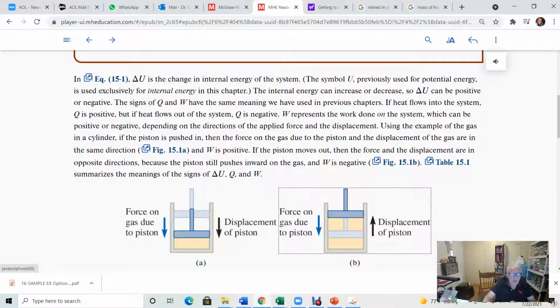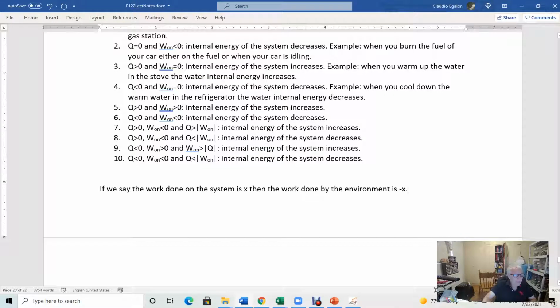In the opposite case, the work done on the system by the environment is positive because the environment is expanding, whereas the system is decreasing, so the work done by the system, or by the gas, is negative.